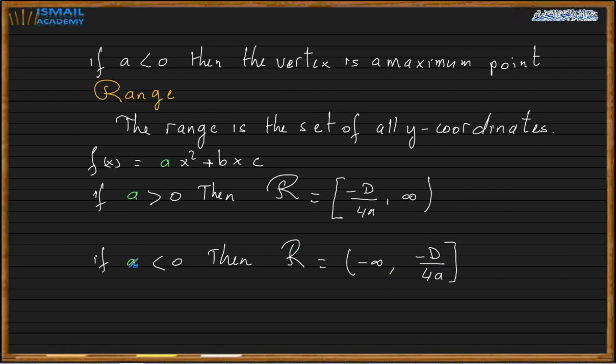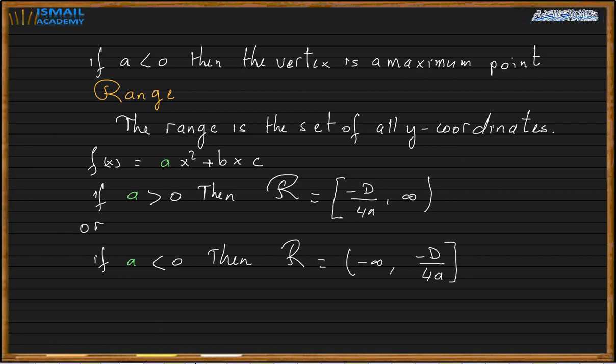Since a is negative, this is a maximum value, and this is a minimum value if a is positive. So those are the types of range you may meet. Either you have that one or you have that one, depending on the sign of a.